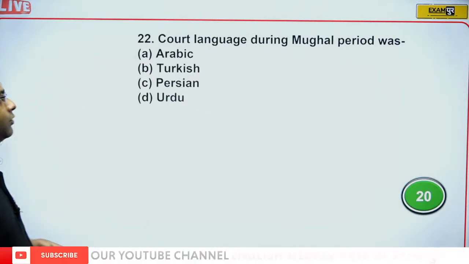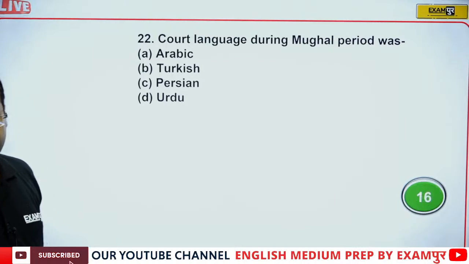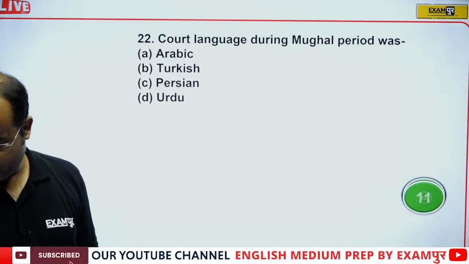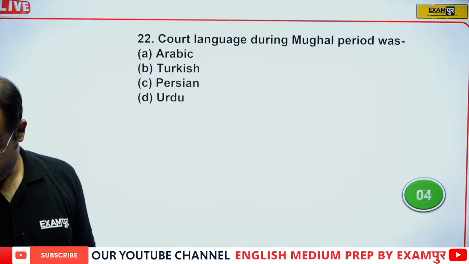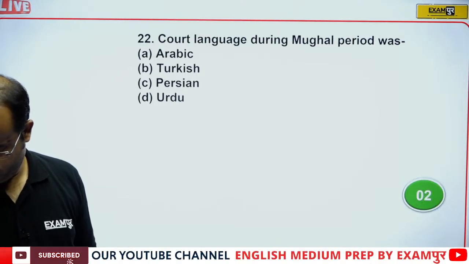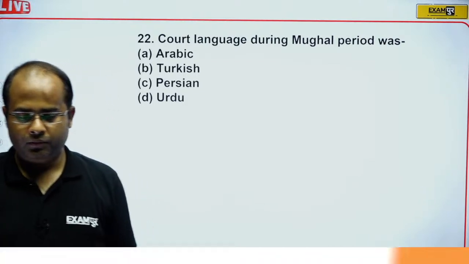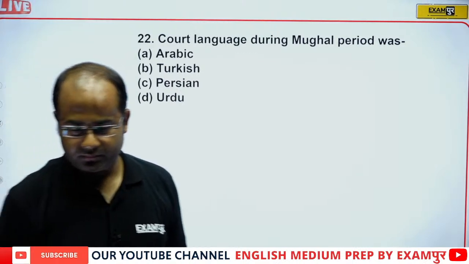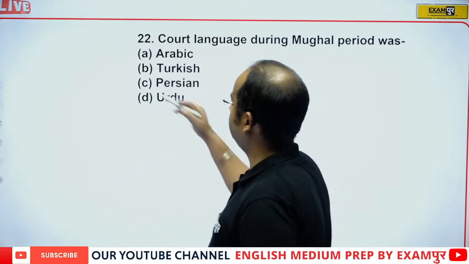Now, come to the next question. The court language of Mughal period was. So what was the court language of the Mughals? Is it Arabic, Turkish, Persian or Urdu? Okay, if I talk about the court language of the Mughals, that was Persian.